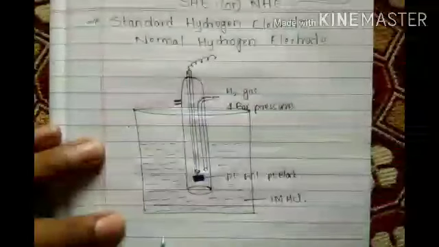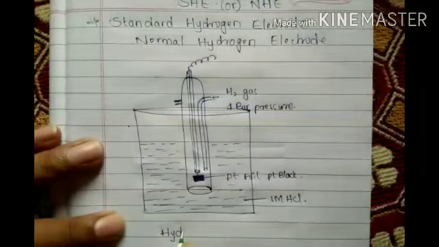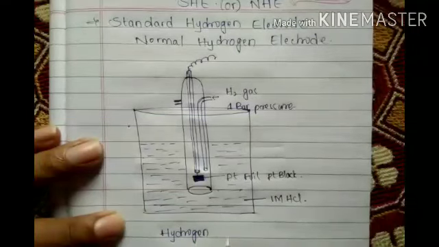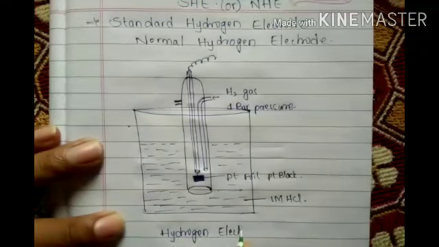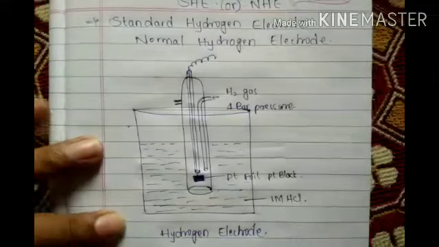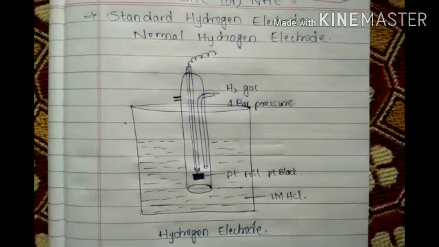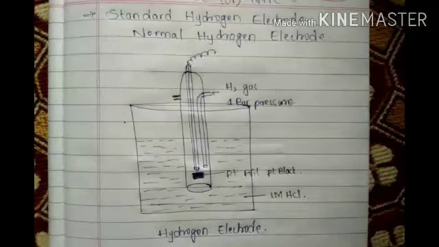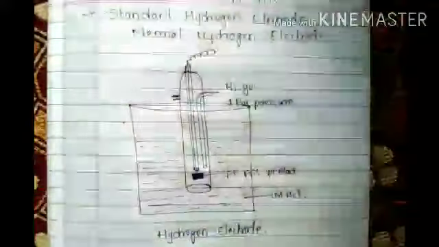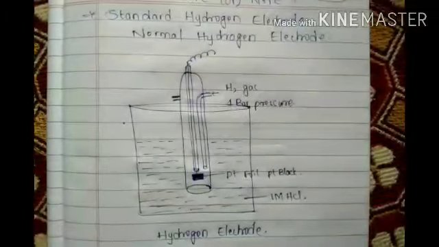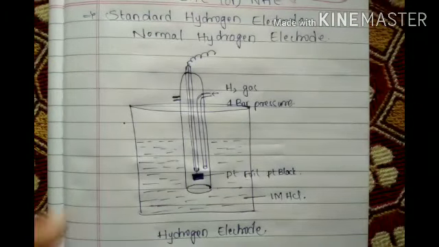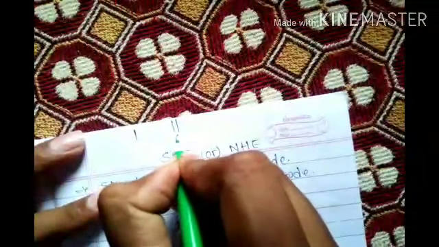So this is called the hydrogen electrode, standard or normal. Got it guys? Now, how do we write this? Yesterday I told you the double line is the salt bridge, and the single line is solid and liquid separation, right?